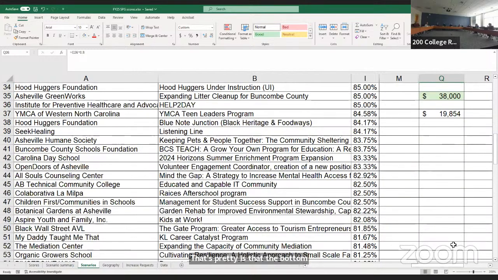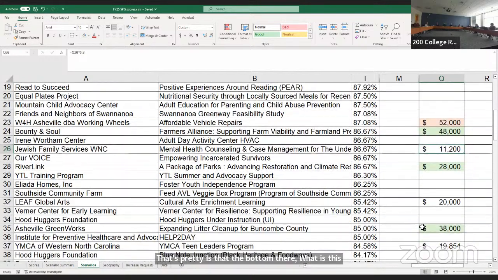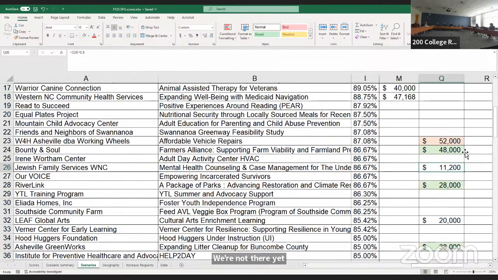With this methodology, if we add $100,000, what would we do? We're not there yet. Okay. See what I'm saying? We just need to think about what that information would be.